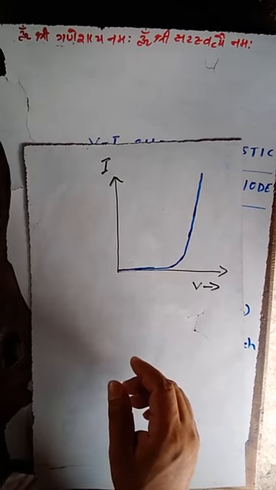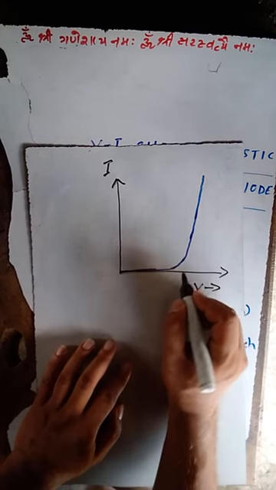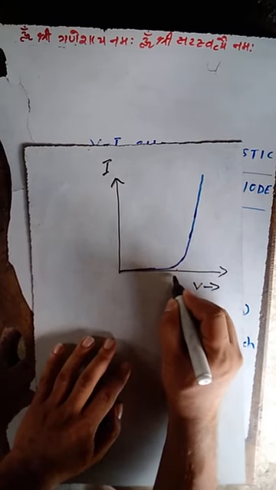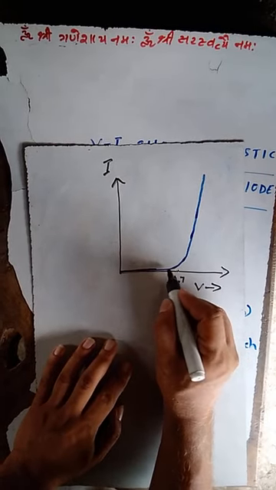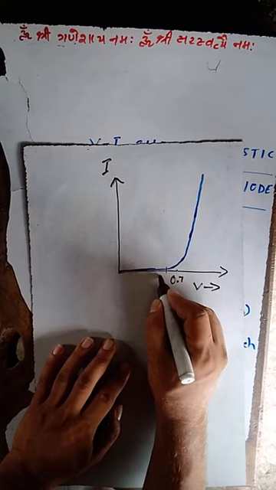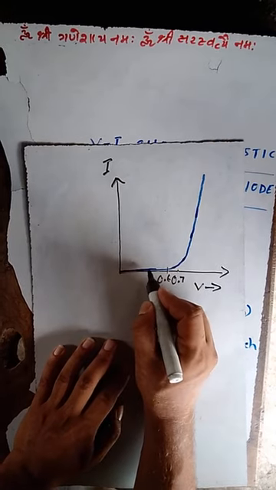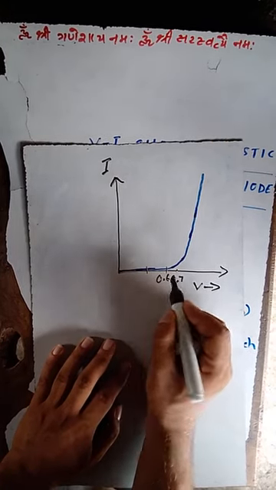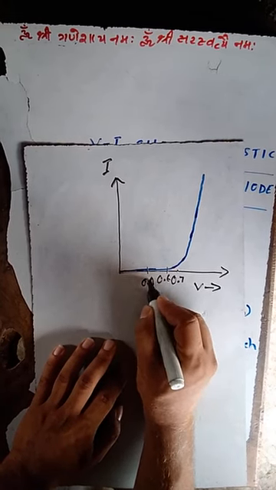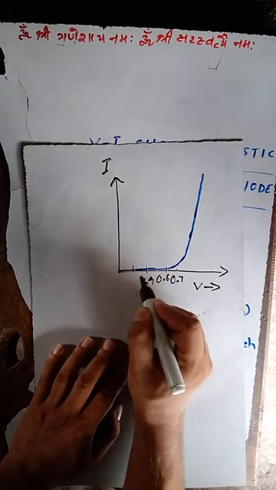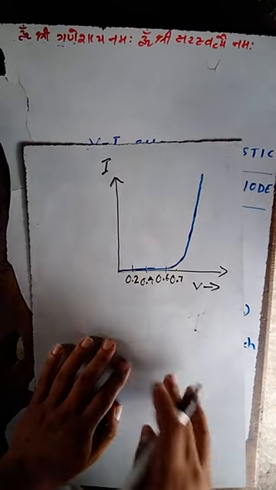Now here, where it rises, we get 0.7. This is your 0.6, this is your 0.4, this is your 0.2, and here it is the origin.